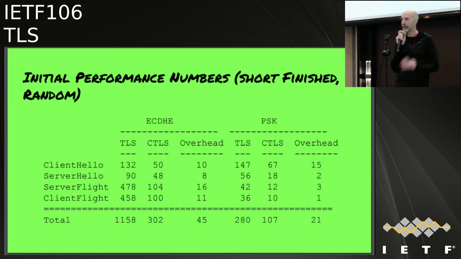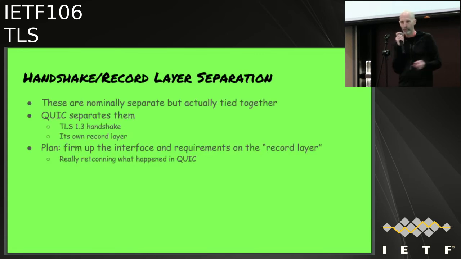But it actually worked out pretty well, and I think it's a good way to define these minimal profiles, both for compaction and also for implementations that want to be simple, at the cost of having a bunch of fixed strings floating around the system. So the final thing is this handshake record layer separation. I'd say this doesn't really appear in the draft very much. There's some hand waving about it.